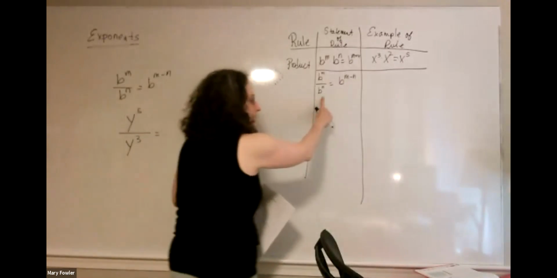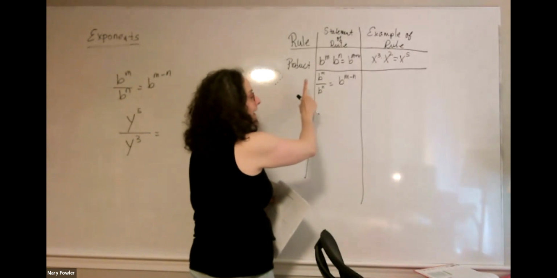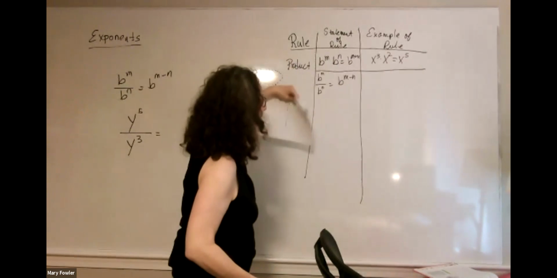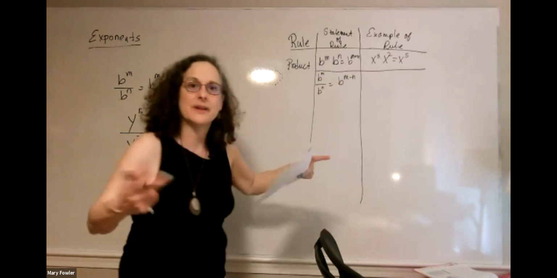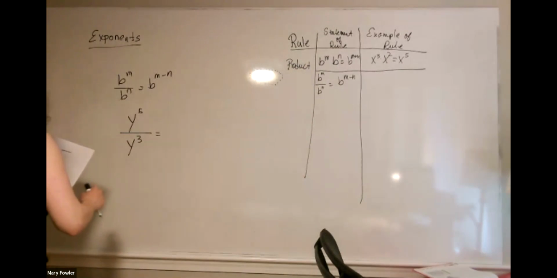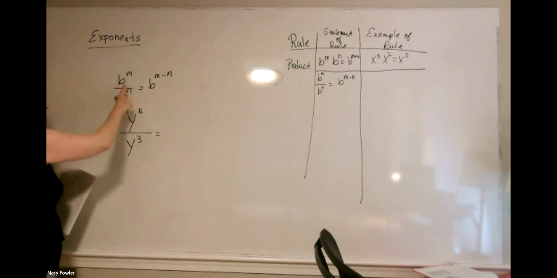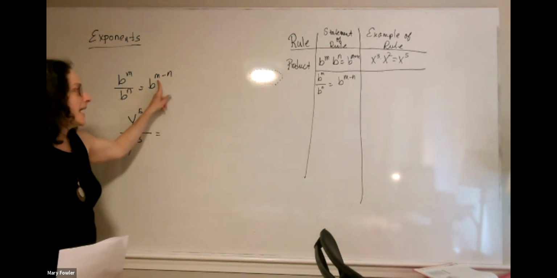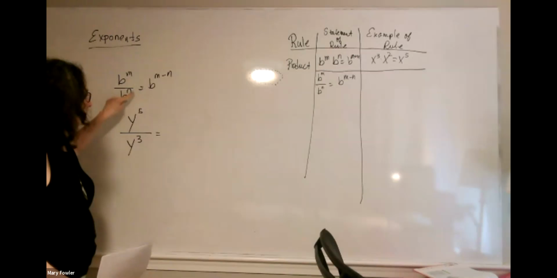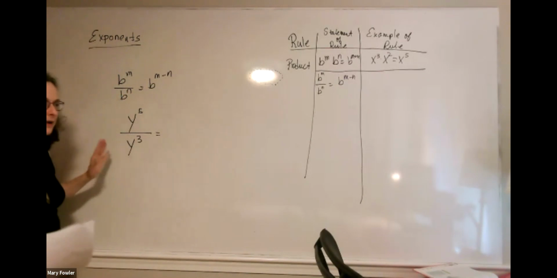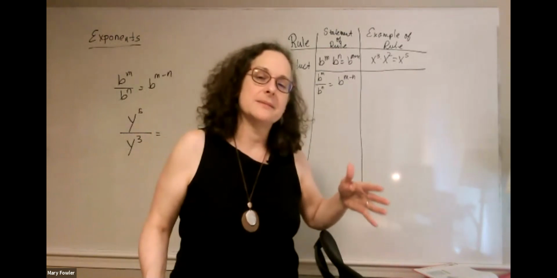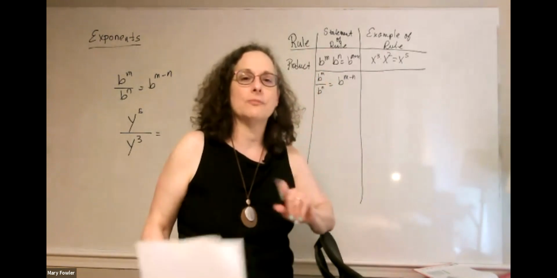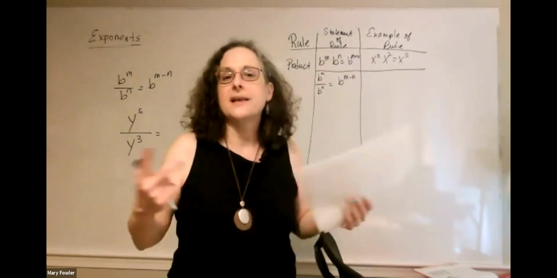We're going to look at this second part of the product rule, often referred to as the quotient rule, but it's really a related situation. The rule says b raised to the power m divided by b raised to the power n is b to the m minus n: numerator power minus denominator power. Again, for me it's helpful to have an example to run through, so I'm sure I'm remembering what the rule means and how to use it.